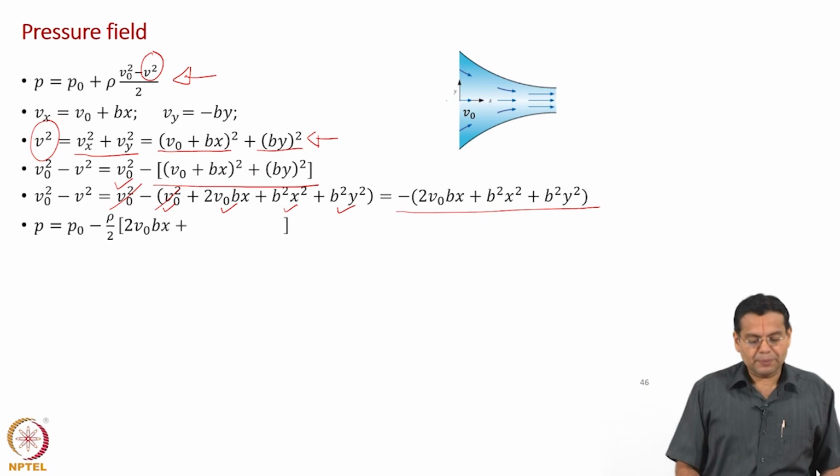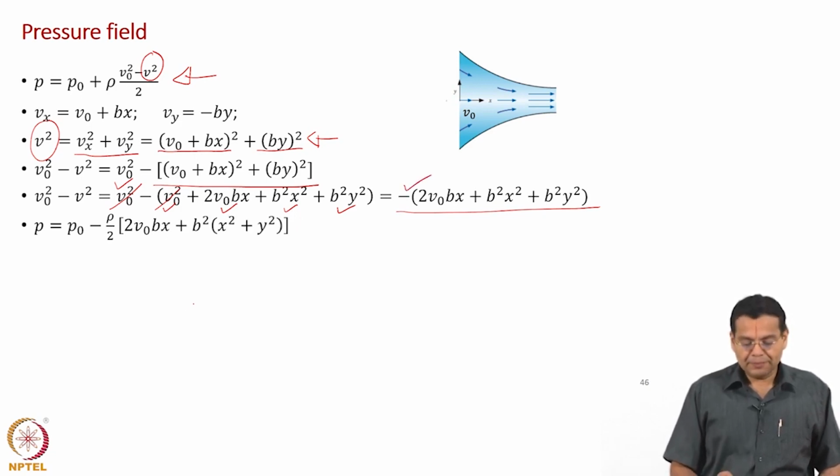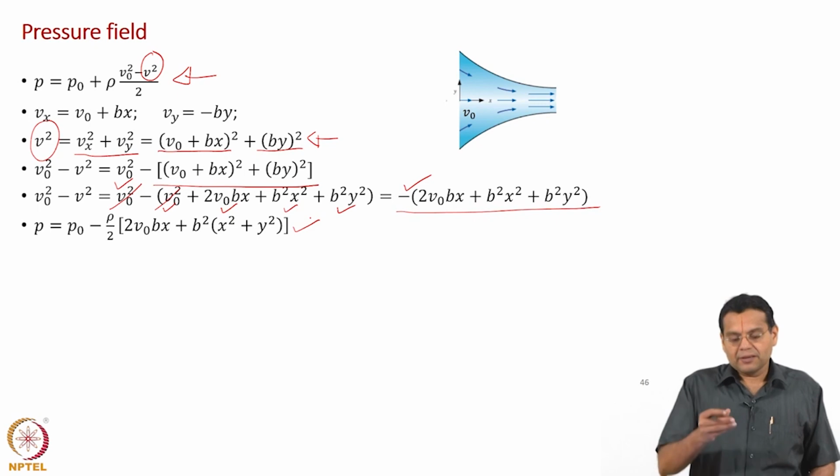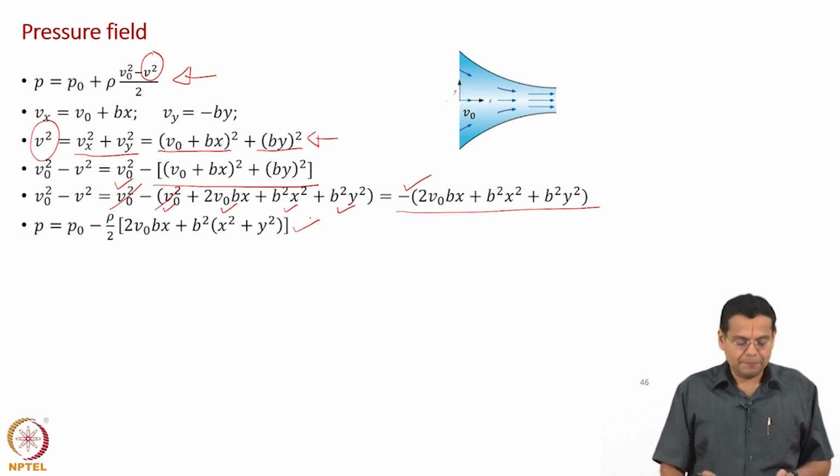So P is equal to P naught, then of course you have minus here, so minus rho by 2 into 2 V naught Bx plus B squared into x squared plus y squared. So this becomes much simpler. We can straight away apply Bernoulli's equation to find out the pressure field, okay. Of course it is the same expression which I obtained from the Euler equation, which involved a little more work, and this is much simpler. So two different ways, okay.